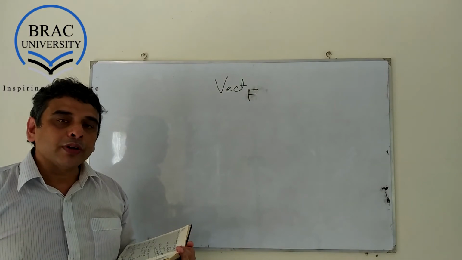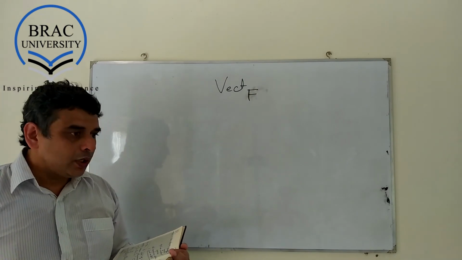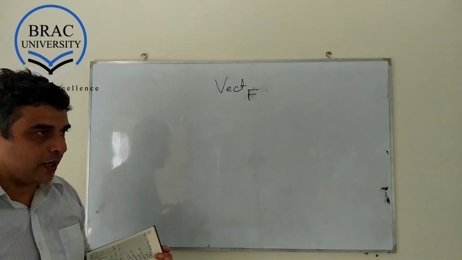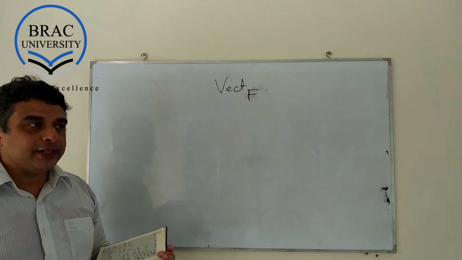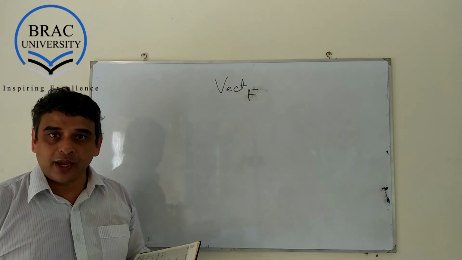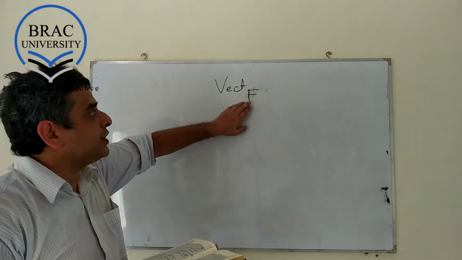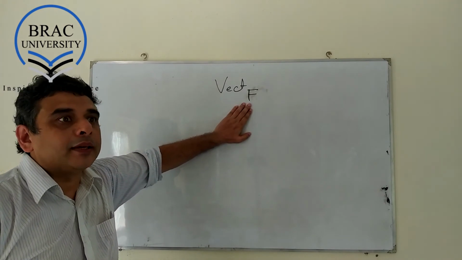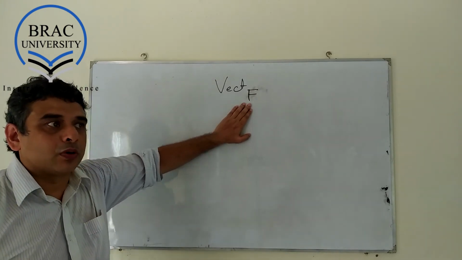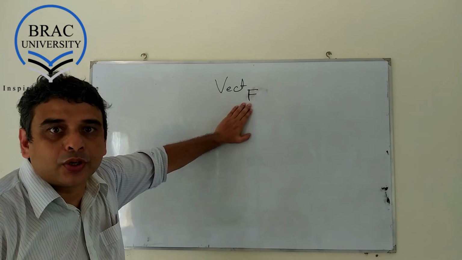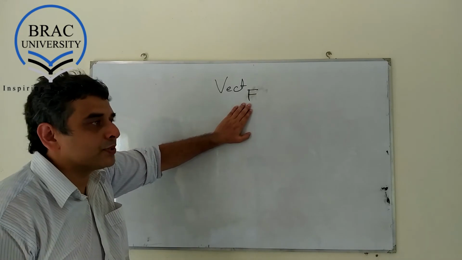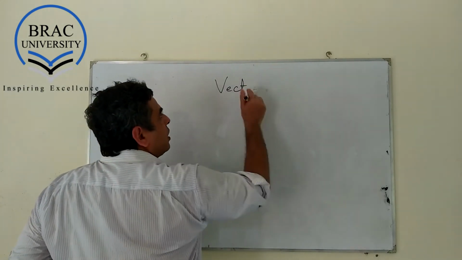Whenever you talk about a vector space, you always have a ground field over which the vector space is defined. It is precisely the field from where you pick up the scalars. So it can be, in general, anything like the field of complex numbers, the field of real numbers, or the field of rational numbers, or some fancy field. But for our purpose, we stick to the field of complex numbers.